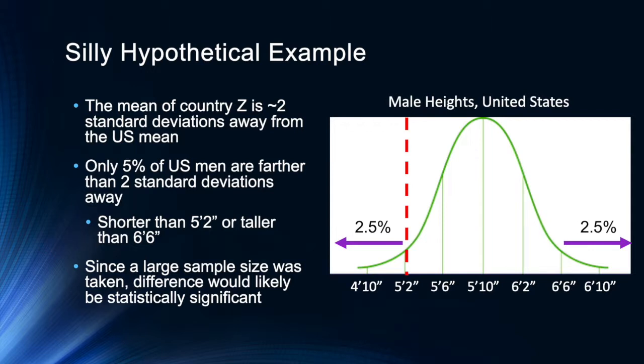So that's the best way to do it. I'm going to get more into that later. So you're seeing here graphically 2.5% are to the left, and 2.5% would be to the right at 2 standard deviations out.